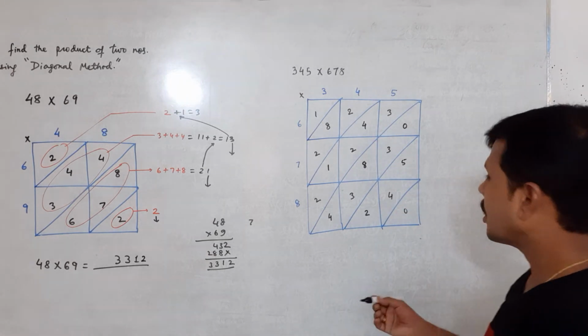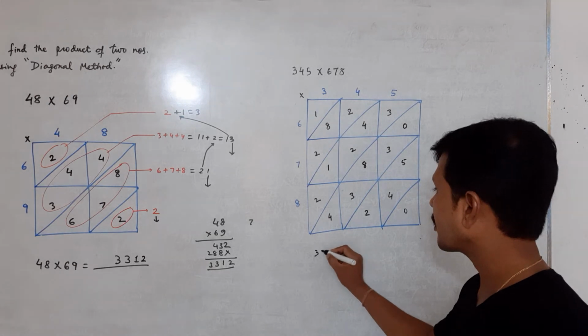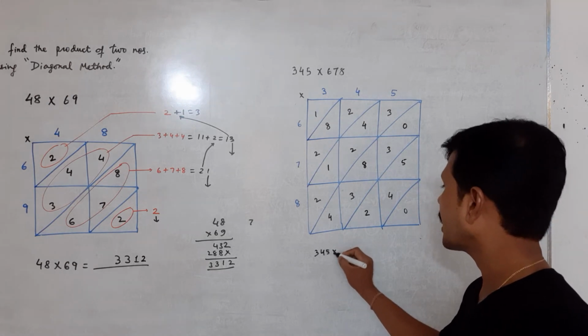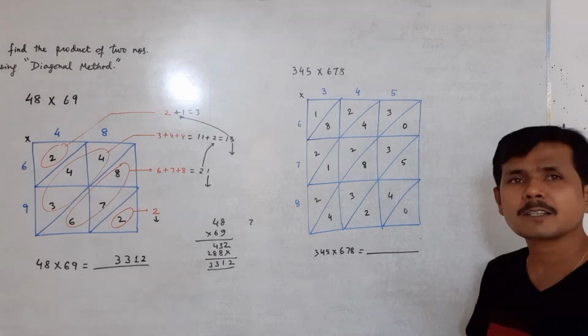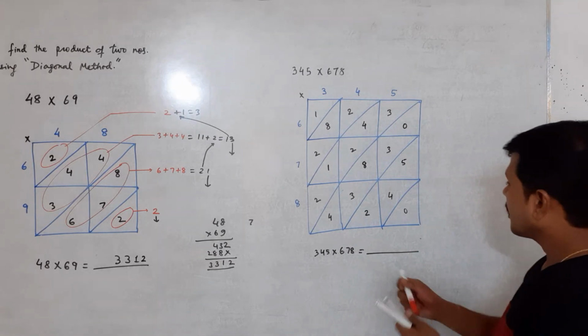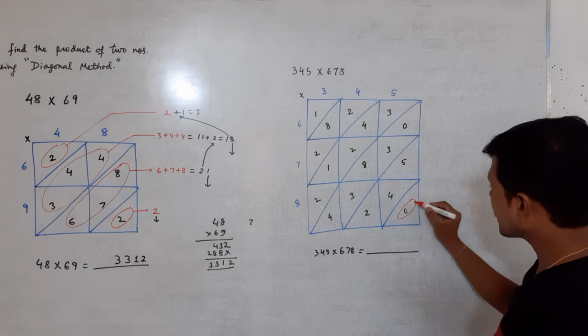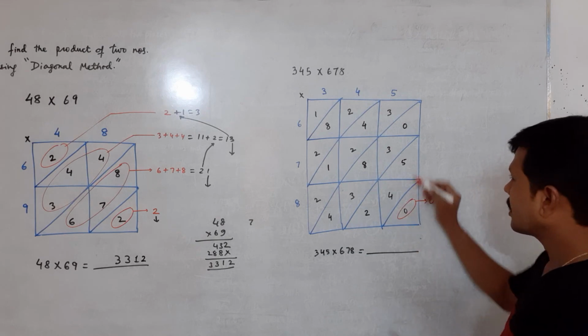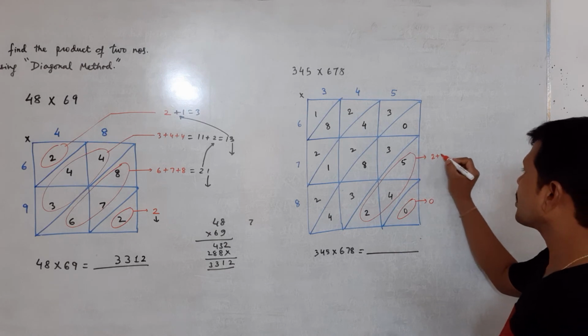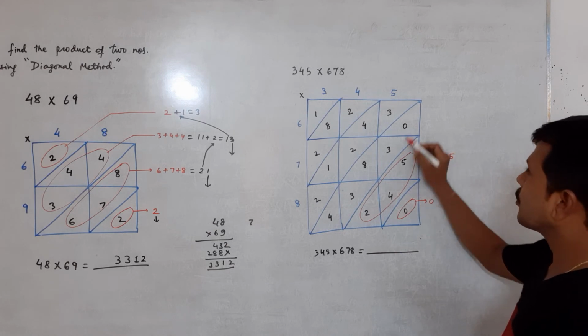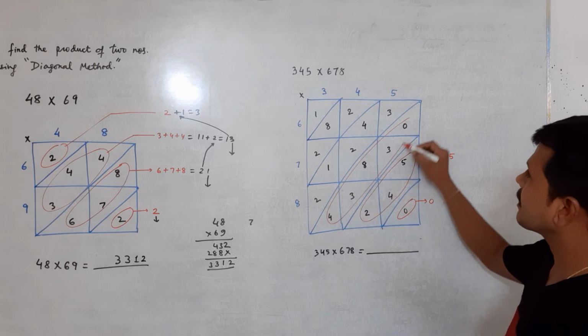Got it clear? Now what you have to do? You have to write the product of it. So 345 into 678, you will get the answer. Let us see how to add up. First of all, in this diagonal part you have only 0. Over here you need to add up this diagonal. This is 2 plus 4 plus 5. Over here you have to add up this diagonal region.